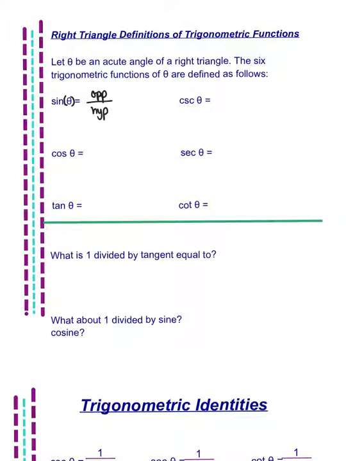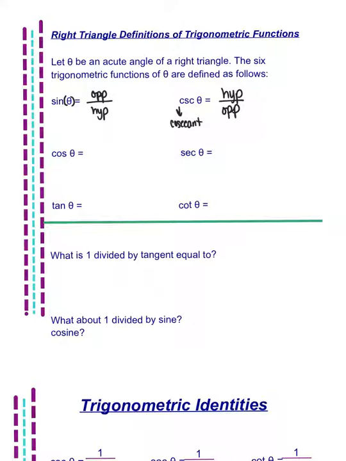So it's length of the opposite side over length of the hypotenuse. Now CSC, this is cosecant. That's how we say this. It is the reciprocal of sine. It's hypotenuse over opposite, the length of the hypotenuse over the length of opposite. So notice sine and cosecant are reciprocals.